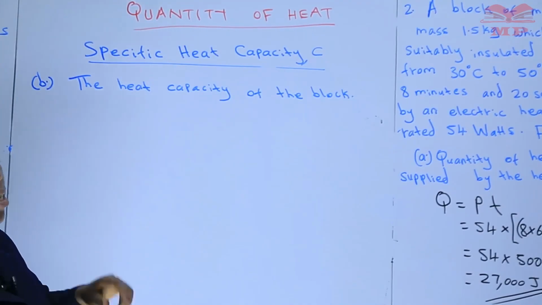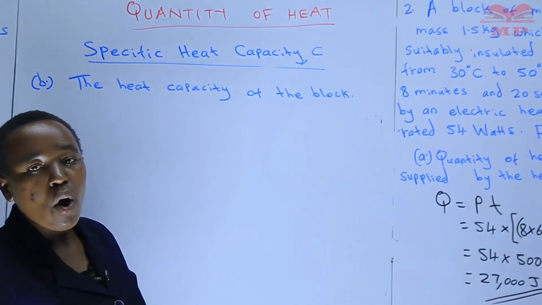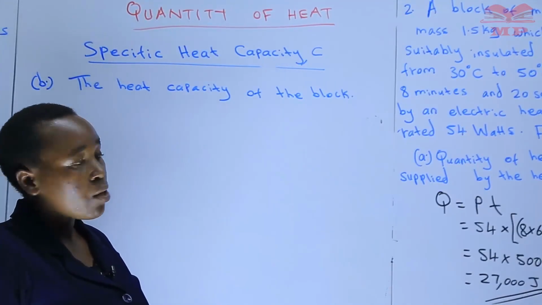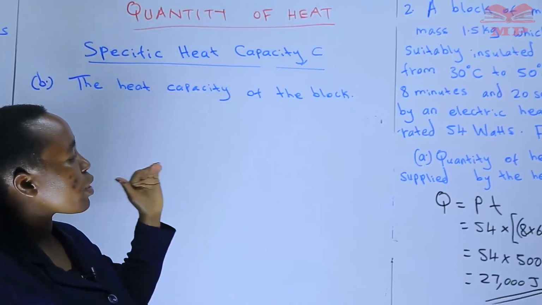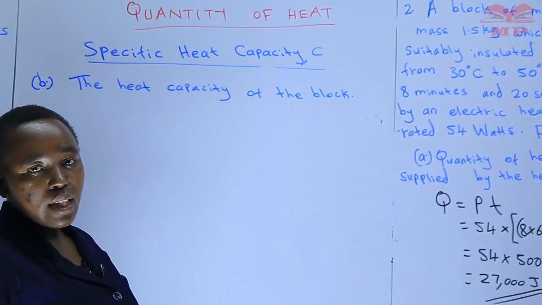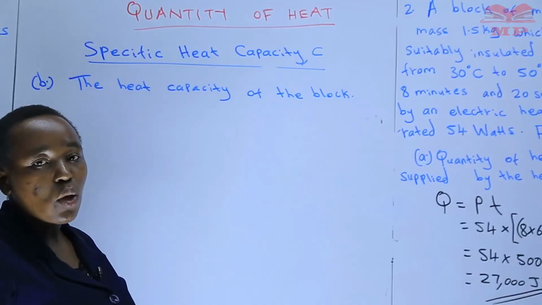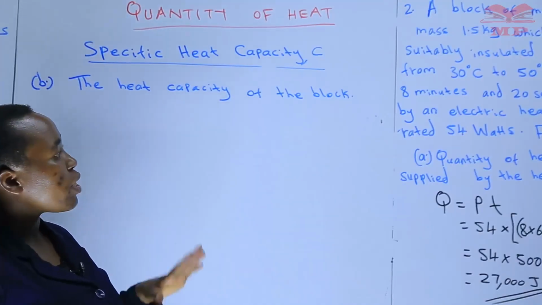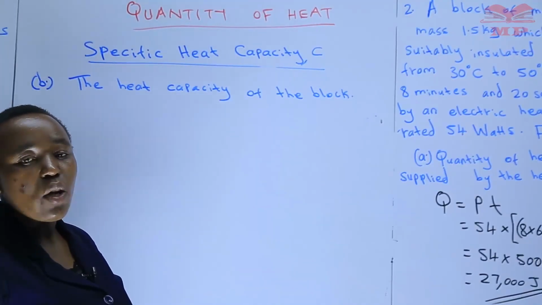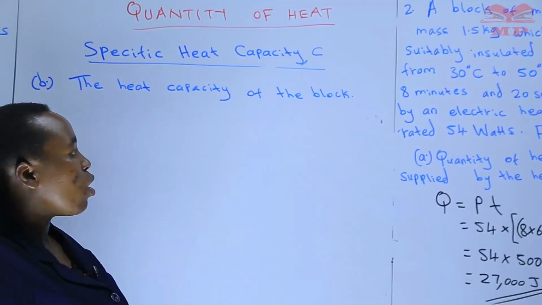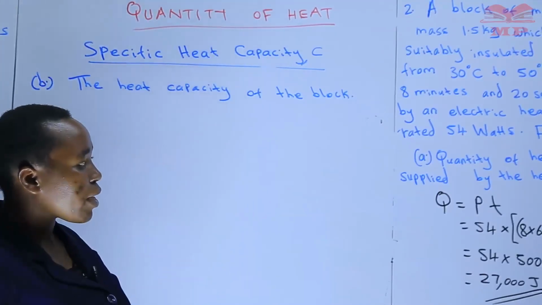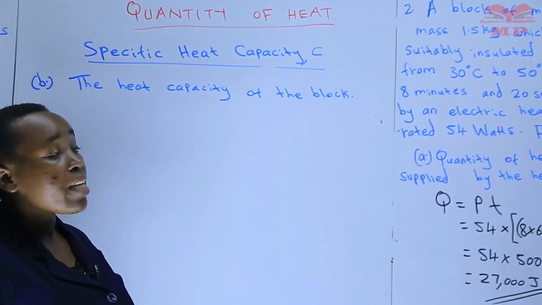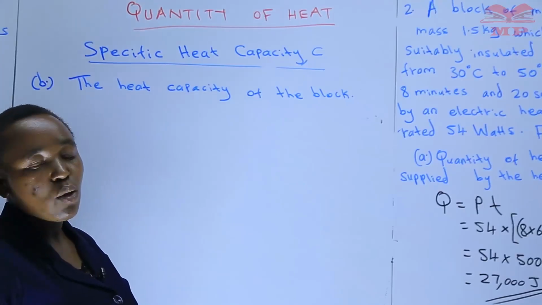And here we are assuming that there is no heat loss. We are told that it is suitably insulated, that is to minimize heat loss to the surrounding. So in this question, we assume that heat loss is negligible. So all the heat that is being supplied by the heater is being used to heat the metal block.